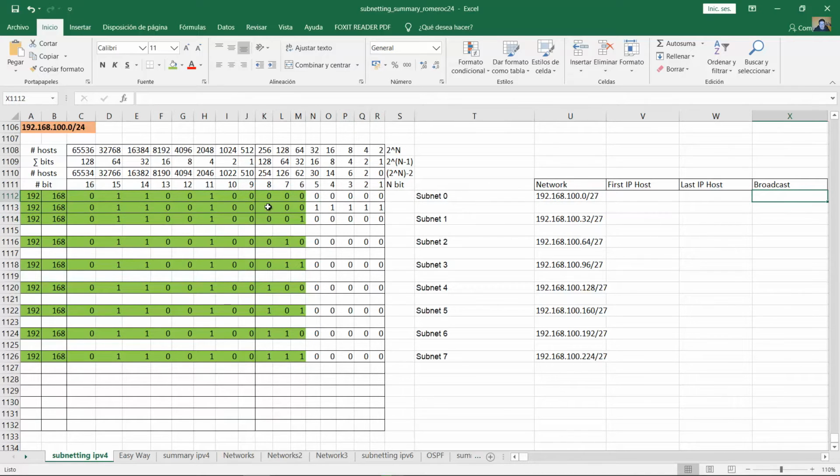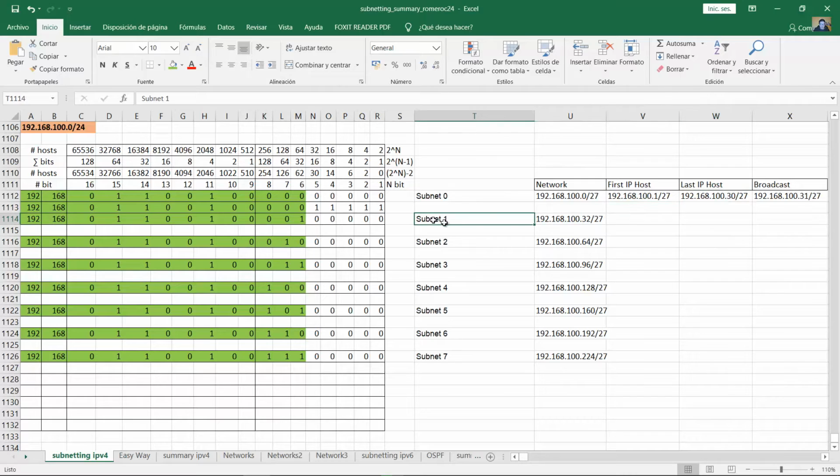This number is 192.168.100.31. If this is 32, this is 31. Same subnet mask. The first host is one next to the network, 1, and the last host is one before the broadcast, 30.